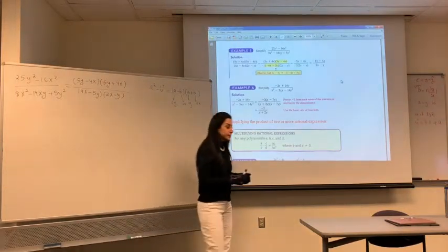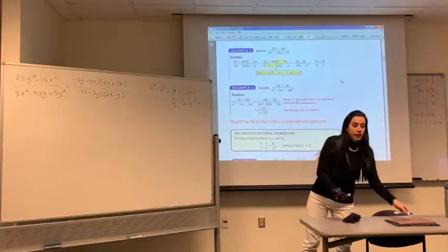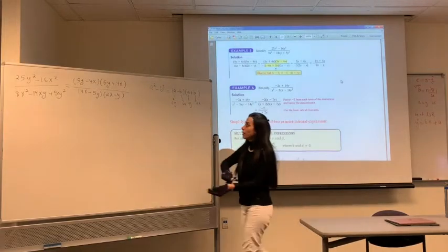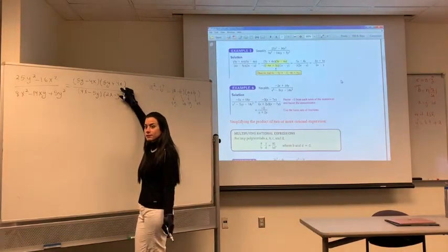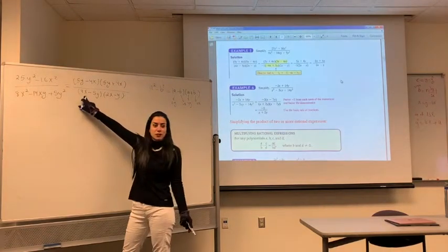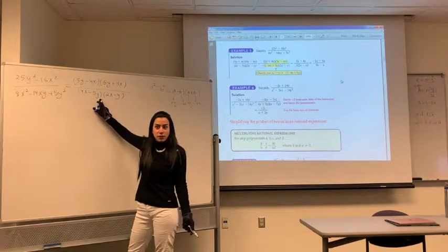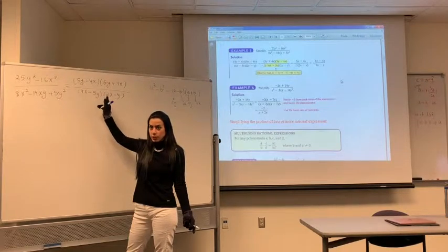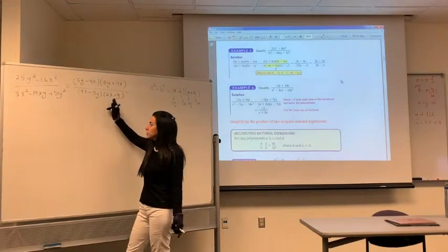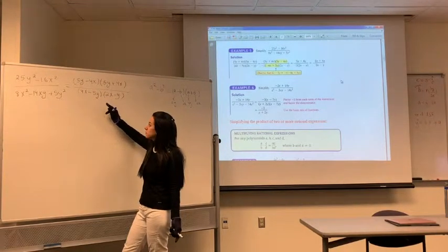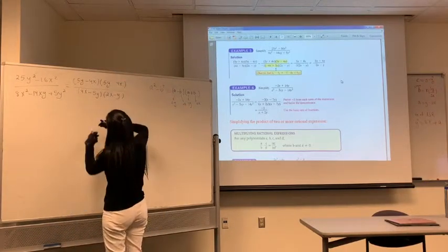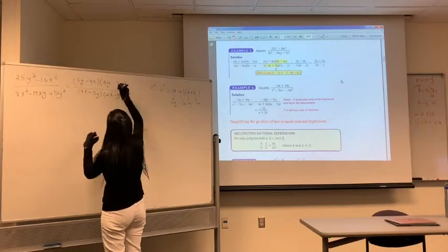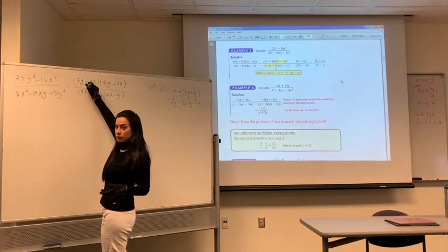And then you will see that the top part is 5y minus 4x, correct? And this one is 4x minus 5y. So they switched, correct? Oh, sorry, this one.